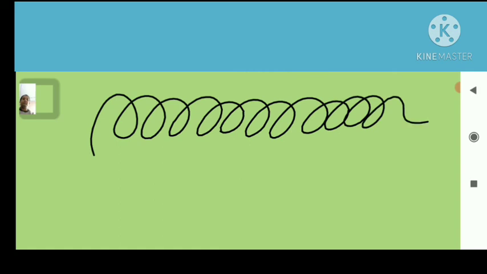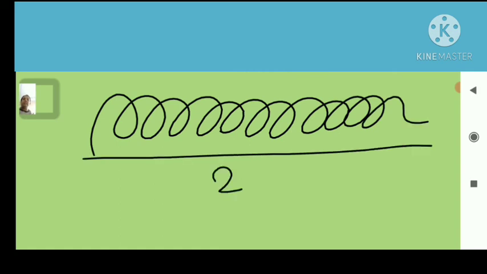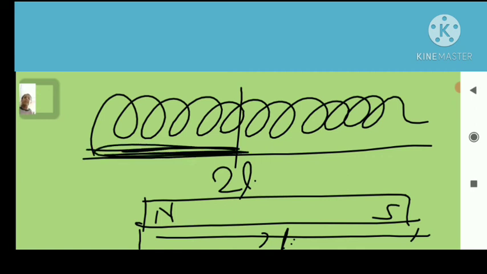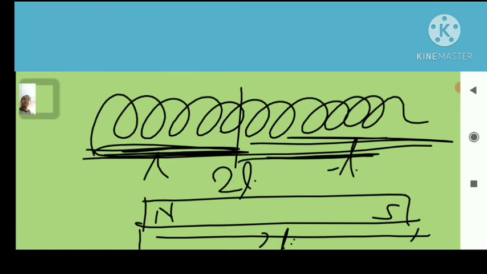If we take a solenoid, or a bar magnet instead of this solenoid, the length is 2L. We divide it into two parts, each of length L, so we take the limit from minus L to plus L.